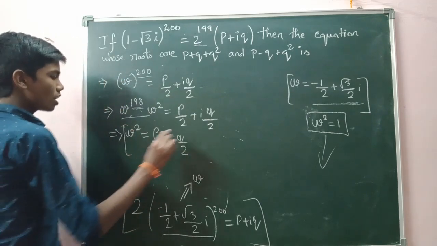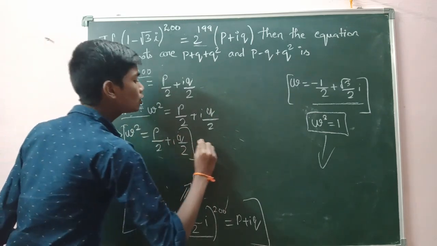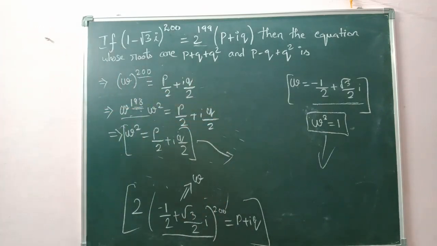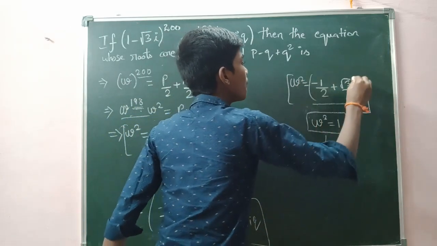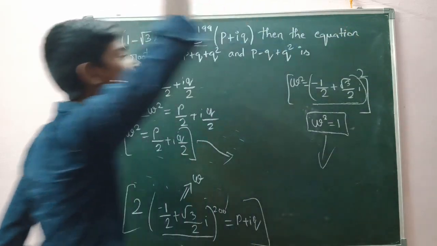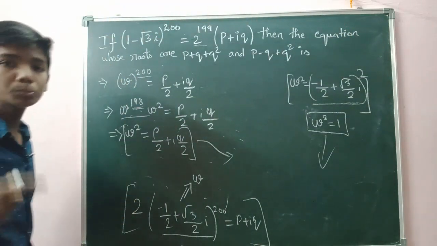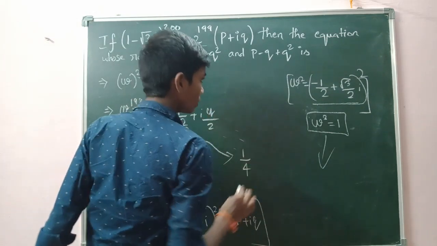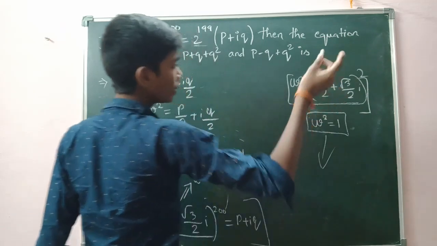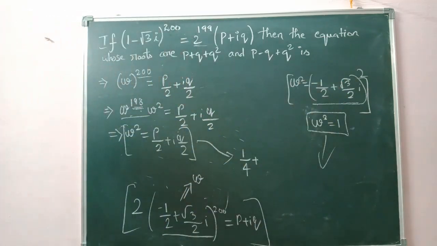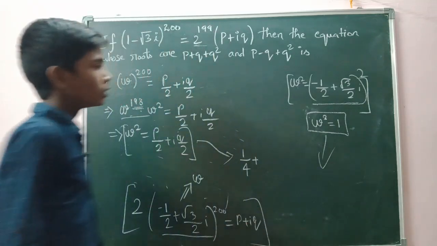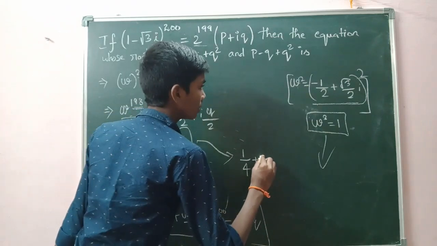So this is what we got now. Now substitute the value of omega, that is minus 1 by 2 plus root 3 by 2 iota. So omega square will be minus 1 by 2 plus root 3 by 2 iota whole square. Use your a plus b whole square identity. Therefore, you will get 1 by 4 plus root 3 by 2 iota whole square, which will be, what guys, minus 3 by 4, correct now?